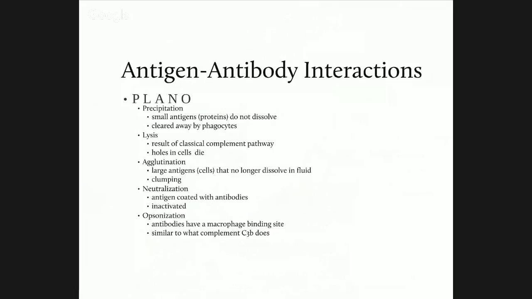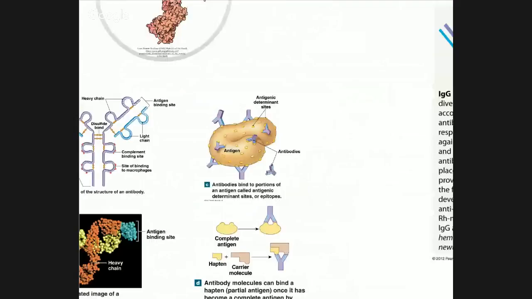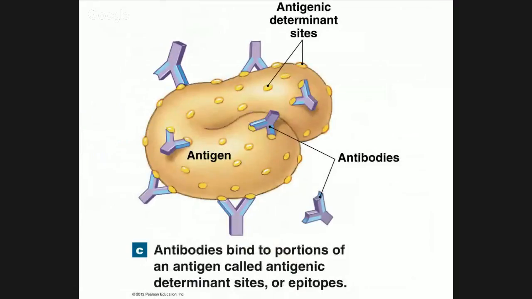Neutralization is when you make it impossible for the antigen to do what it's supposed to do. The best example of what that would be is for a viral particle. Let me go back to this picture again, just because it's convenient. Let's say these epitopes here represent the part of the virus that can actually bind to the host cell and cause infection. If the antibodies bind to the epitopes, they block the ability of this thing to infect its intended target.